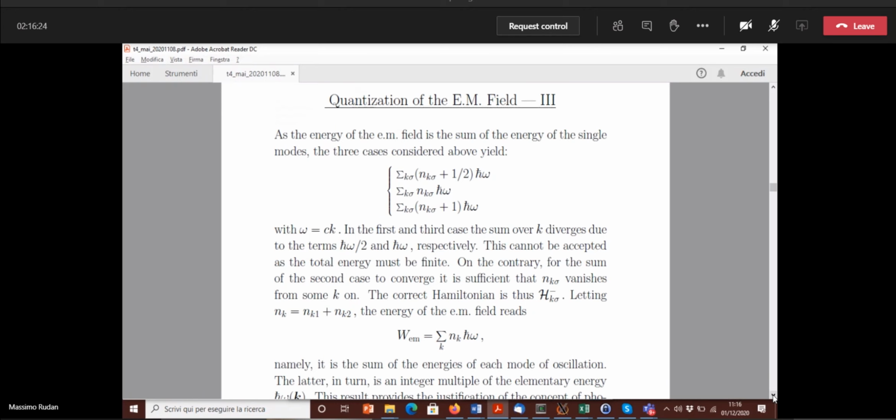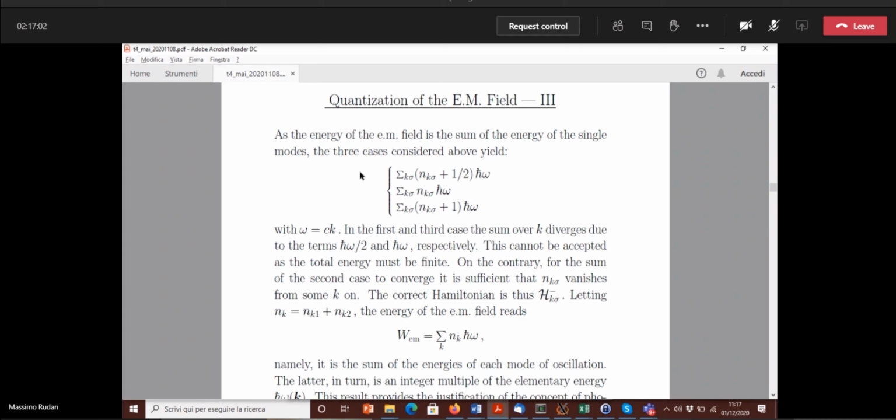So let's do it. We have to sum over the 3 indices of the wave vector and over the index of the polarization. So this sum over k sigma goes from minus infinity to plus infinity for each component of k. So it is a triple sum over k plus a sum from 1 to 2, so just two terms with respect to sigma.